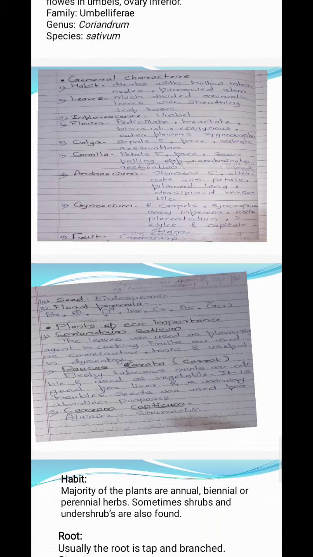Also another example is Carum copticum, that is ajwain, that is used as a stomachic. So these are the different examples which are economically important. So this information is regarding the species Coriandrum sativum. So this is the specific example.